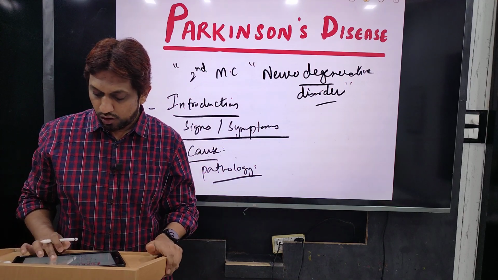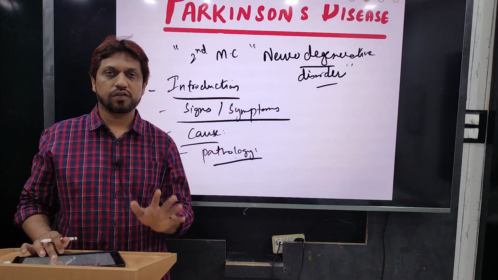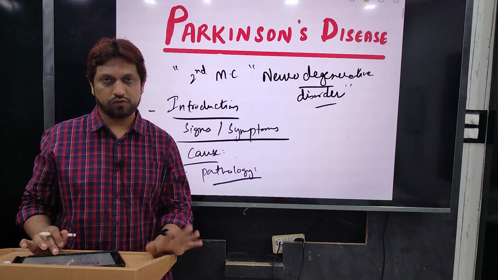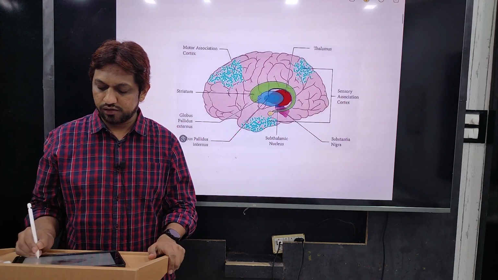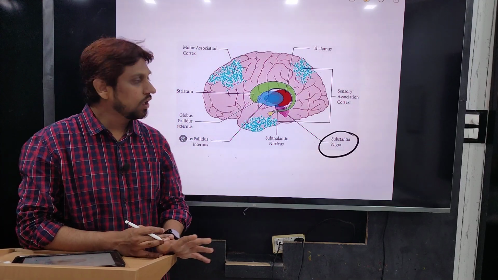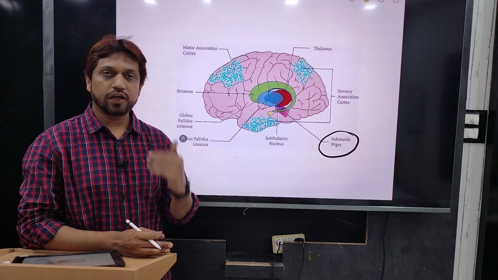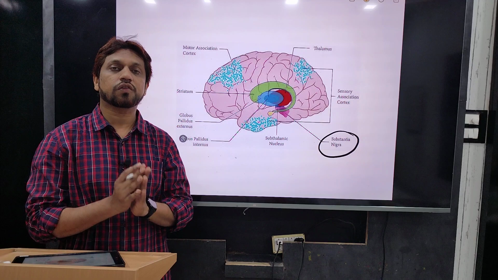As I already said, it is the second most common neurodegenerative disorder. That is, it is a disorder related to the central nervous system. Now, which part of the central nervous system is affected? Here is the substantia nigra, which is a part of the basal ganglia. To make this point clearer, I request you to go back to our Doctor's Corner playlist. In the subject Physiology, we have discussed basal ganglia in detail.